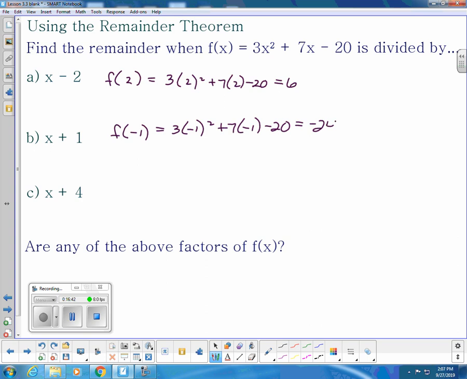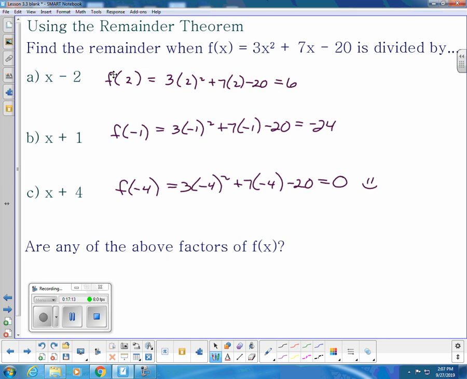Here I get -24. Is x plus 1 a factor? No. I mean, I'm just guessing because I'm doing an example that this has got to equal 0, right? That equals 0, which means x plus 4 is a factor. Easy enough? So this is a quick way to tell, without doing long division or synthetic division, if something is a factor. The remainder has to be 0.